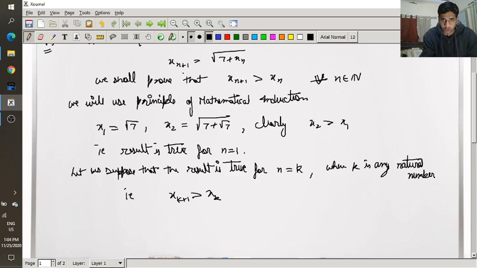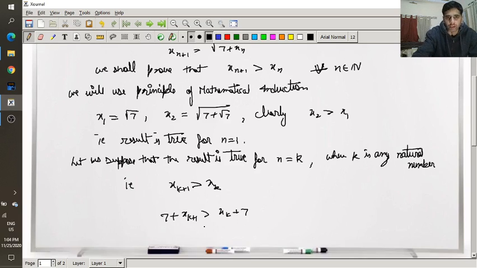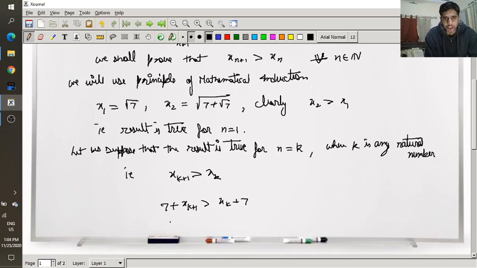Now how can we prove it? See, here it is xk plus 1 greater than xk. Now I will add 7 to both sides, right? If I add 7 to both sides, because 7 is any real number, the inequality remains unchanged.